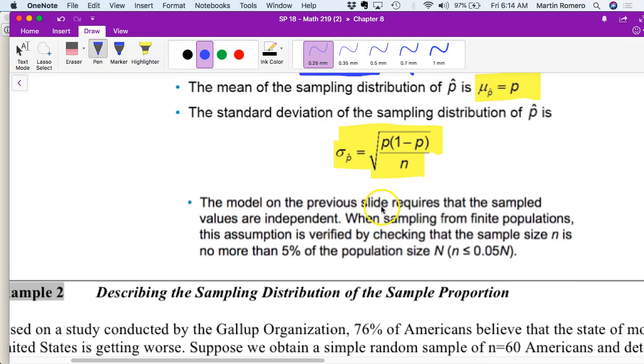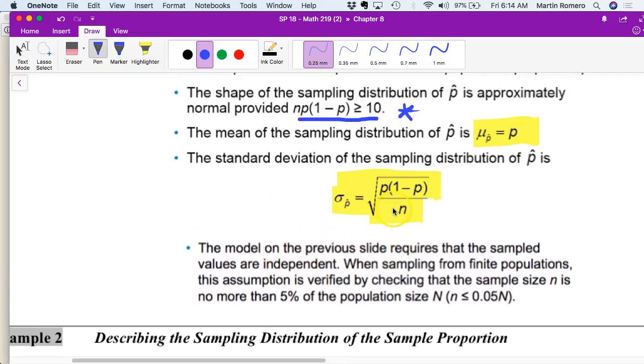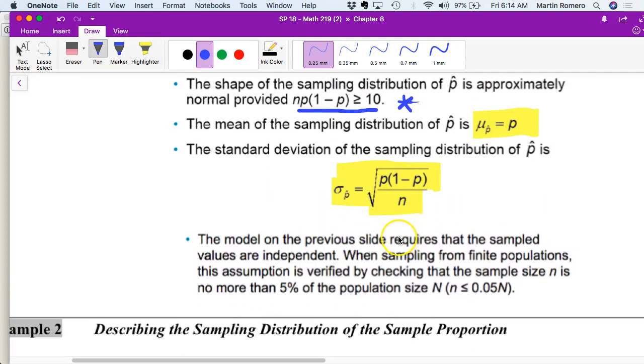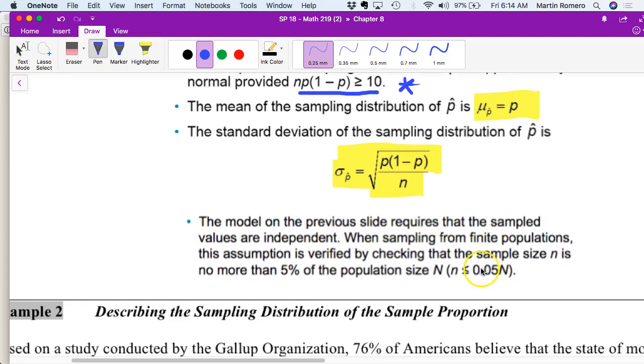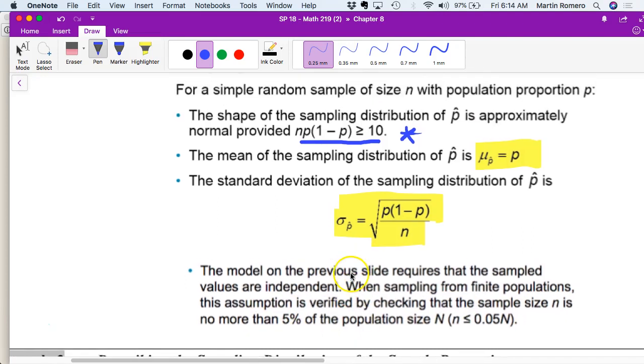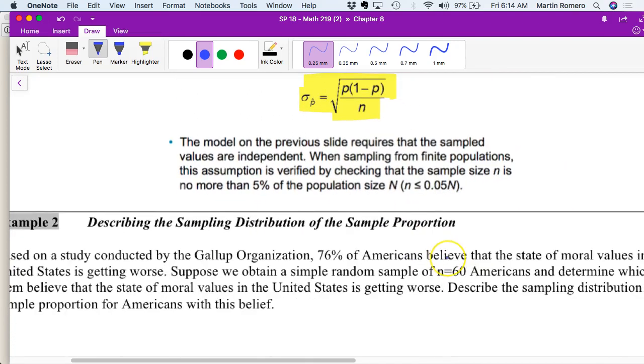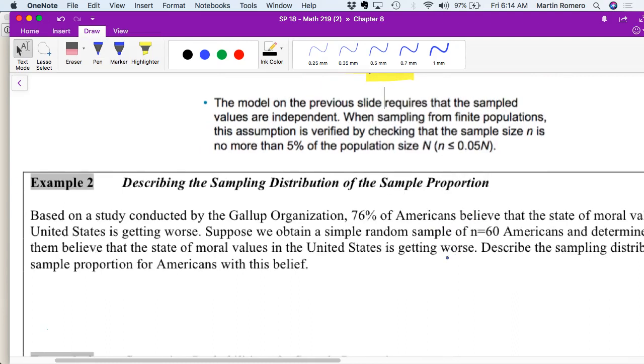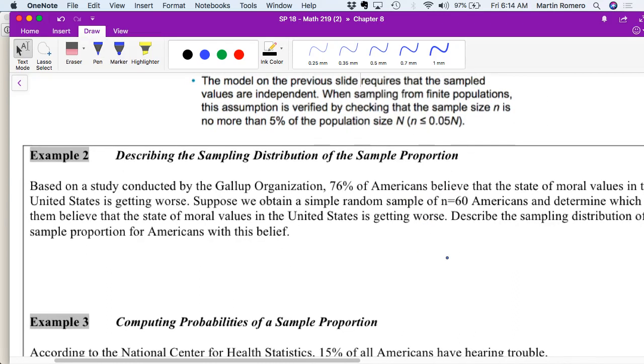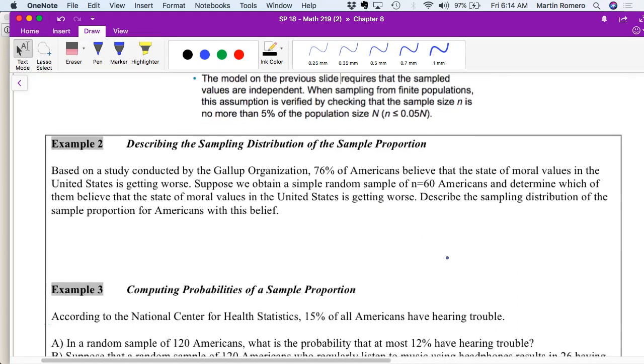And the last idea is that the model requires that the sampled values are independent. When sampling from finite populations, the assumption is verified by checking that the sample size is no more than 5% of the population. So not only should it be big, the sample size also needs to be less than 5% of the population. It's very technical stuff, but we want to make sure you're aware of that.